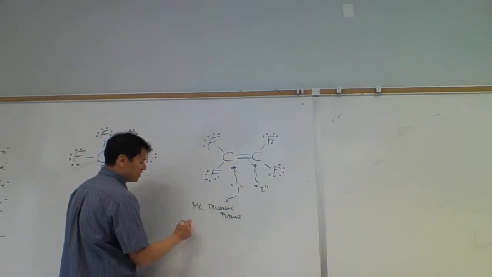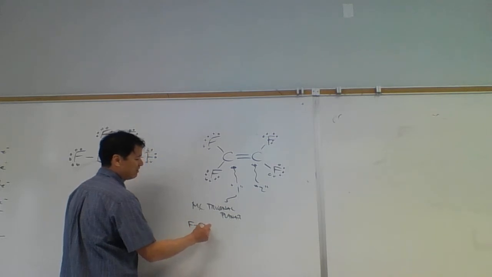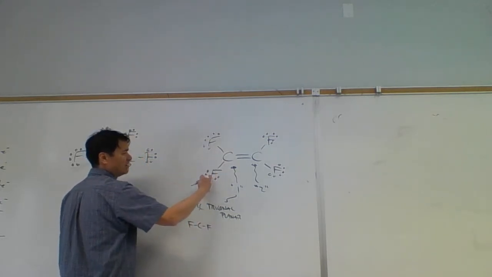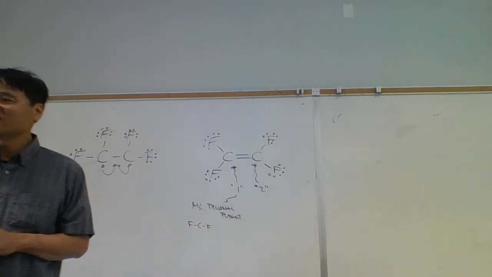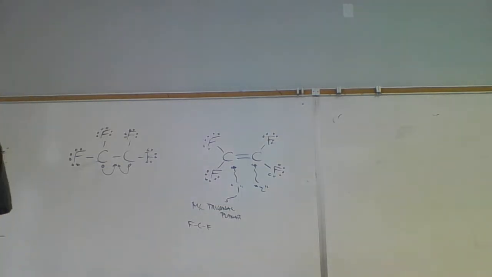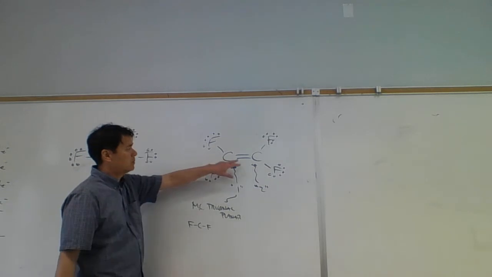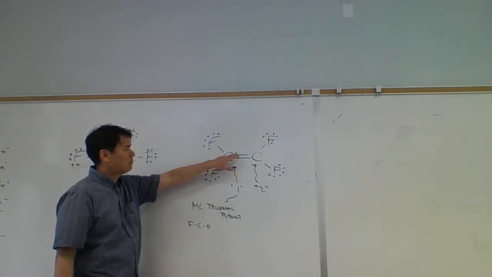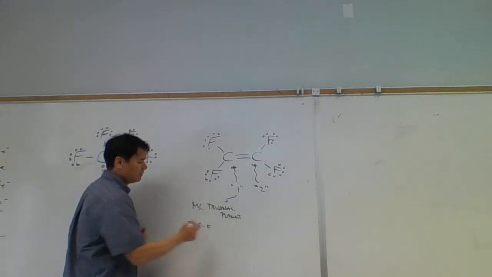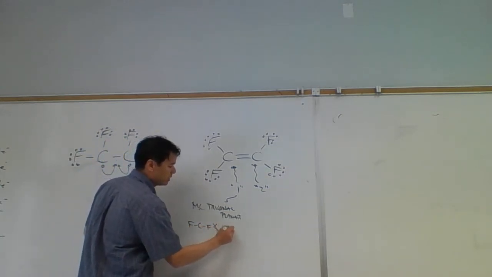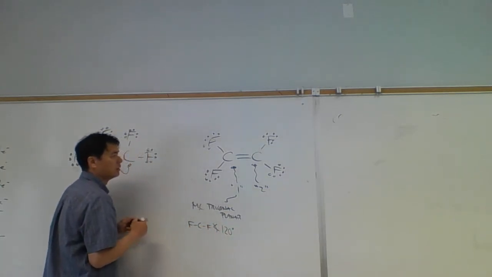But let's take a look at the angles. The FCF angle. Do we have 3 equal sized balloons, or no, we don't? In this case, this one's going to be bigger. The double bond's bigger, so it's going to push these 2 single bonds in. And so the FCF angle is normally 120 degrees, but we expect a distortion.